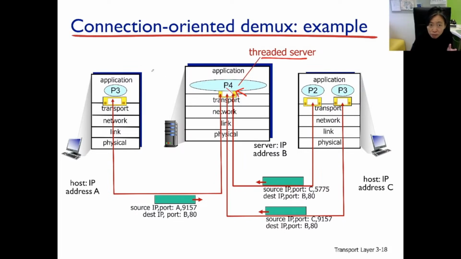This type of connection-oriented demux is TCP, but it only looks at the destination port number and the destination IP address. Therefore, the messages come in this way: source being A, source port number 9157. This one here, source being C, port number again different. But they will all be accepted by the listening socket here.